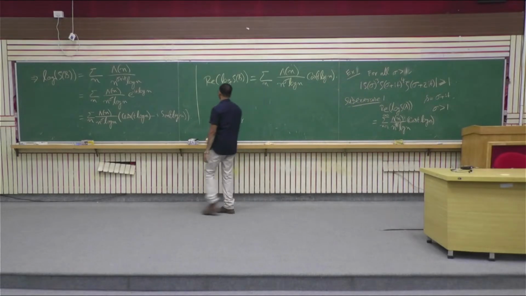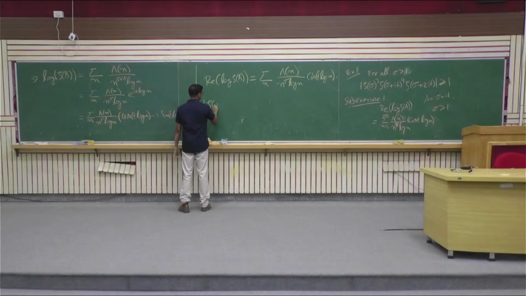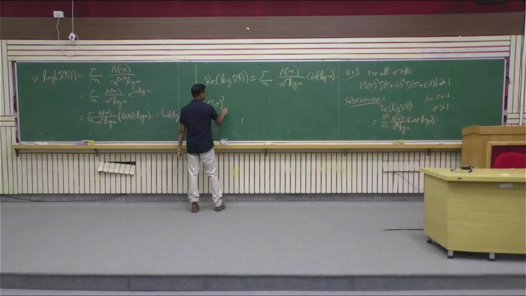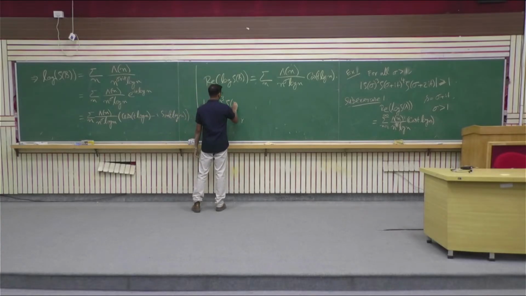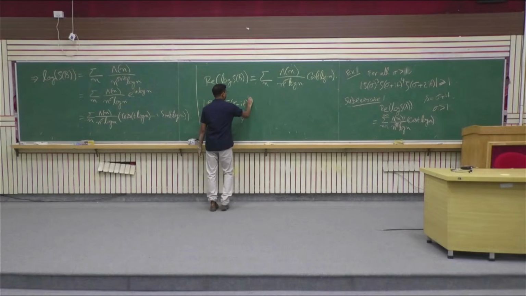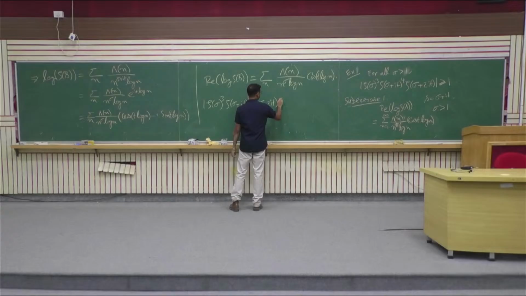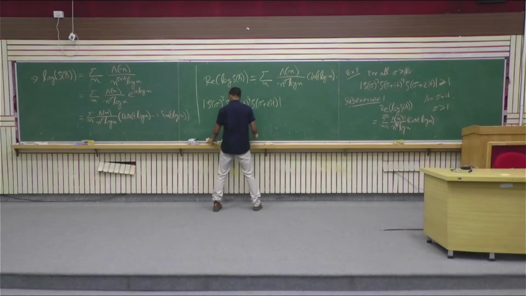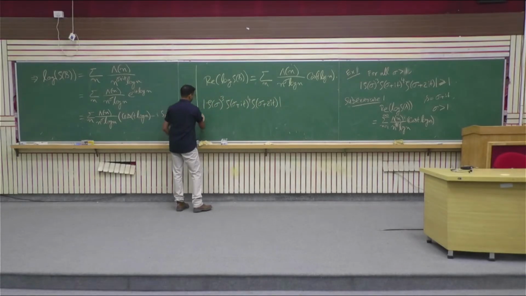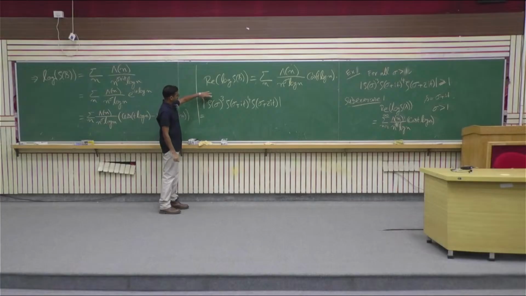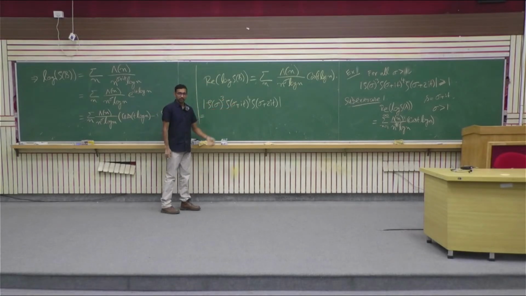we recall that this, times sigma plus it, we can just write as the exponential of log of it, and only the real part of that matters, because the imaginary part will all go to 1, right?